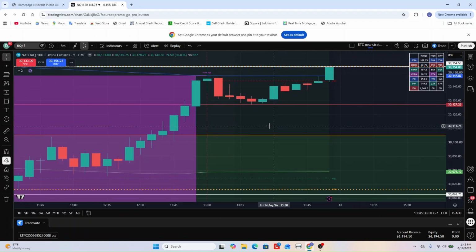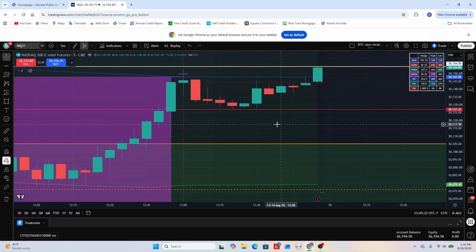Now, based off of the past weekly candle and how it created a bullish fair value gap, I think this week is going to be a green. I think it's going to be a bullish week.